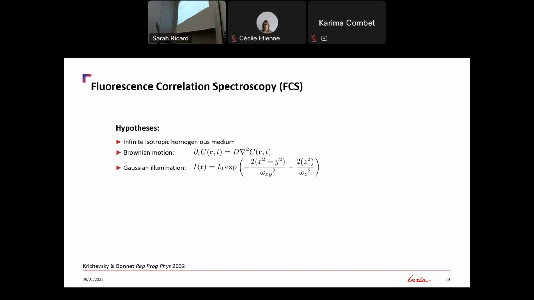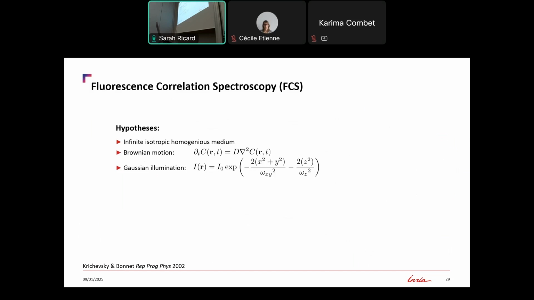There, C is the concentration of molecules at position R and time T. And the third is that you have to explicitly say what the illumination is, meaning that when you put the laser in your cell, how will the light intensity be spread, the PSF if you want, into the sample. For instance, let's say that you have a Gaussian illumination, so that it is larger in Z and smaller in X and Y, right?